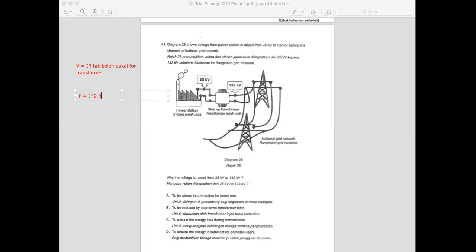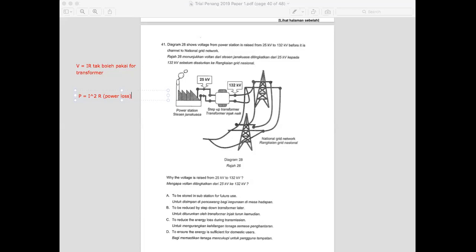We want the power loss to be small. I is the current along the cable of the transmission. We don't want I to be big, we want I to be small so that the power loss is smaller. So this one cannot use Ohm's law because it is about the transformer.